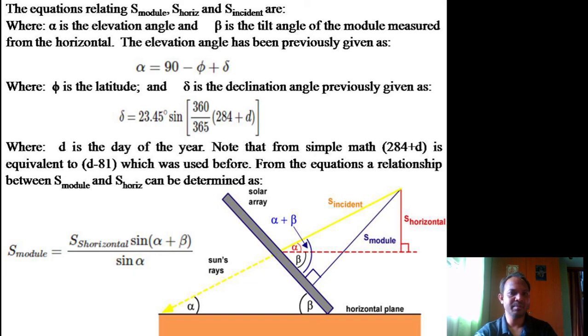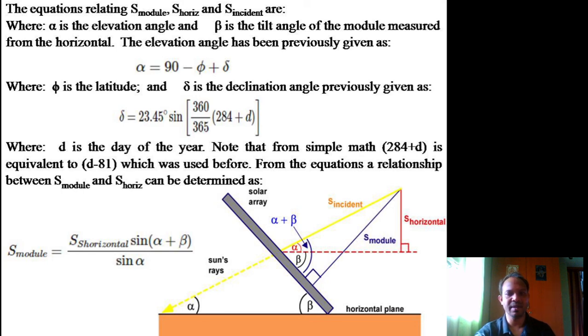The declination angle is given by 23.45 sine of 360 divided by 365 into 284 plus d, where d is the day of the year. Note that 284 plus d is equivalent to d minus 81, which was used before in the equation. A relationship between S module and S horizontal can be determined as S module equals S horizontal into sine of alpha plus beta divided by sine alpha.